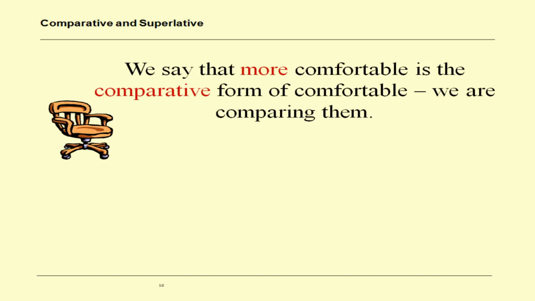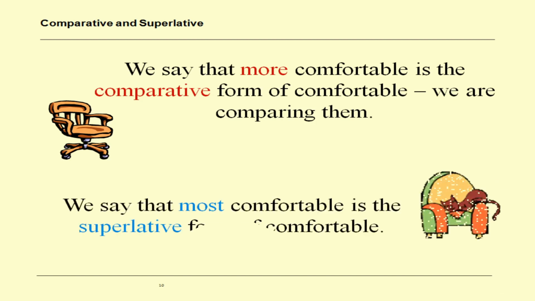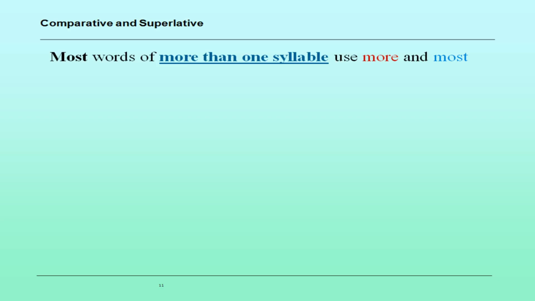Then we say that more comfortable is the comparative form of comfortable. We are comparing them. We say that most comfortable is the superlative form of comfortable. Most words of more than one syllable use more and most.